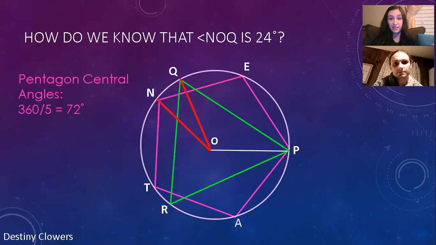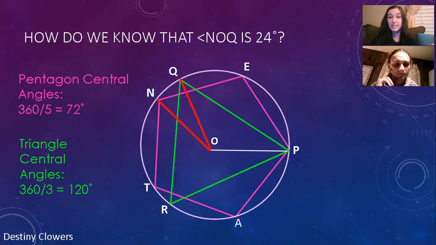So like you were just saying in the previous problem, the pentagon central angles equal 72 degrees because, like you mentioned, there's 5 central angles, and since they all add up to 360 degrees, we divide them by 5, and that equals 72 degrees. Now the next step is doing the same thing for the triangle. So there's 3 central angles within a triangle, and because those angles all add up to 360 degrees, we're going to divide that by 3, and that gives us 120 degrees.